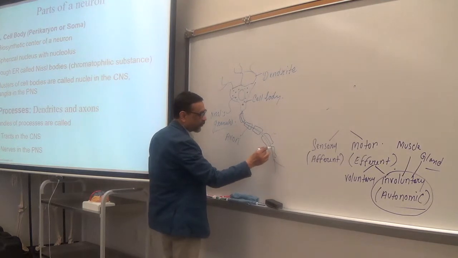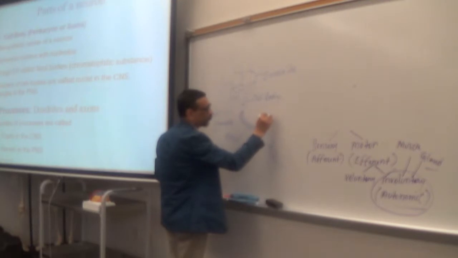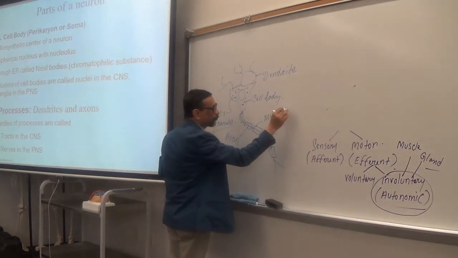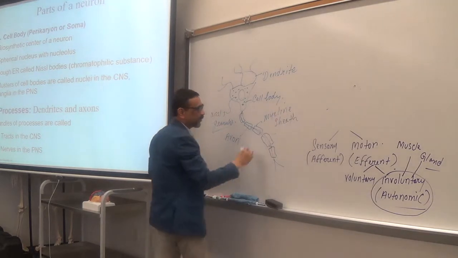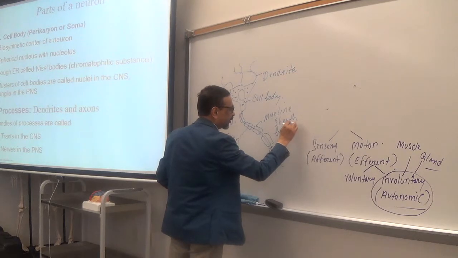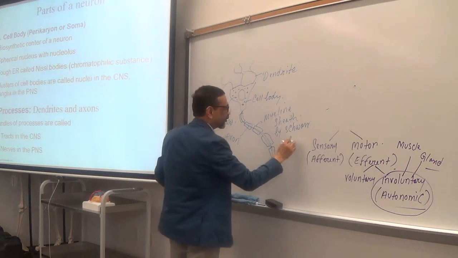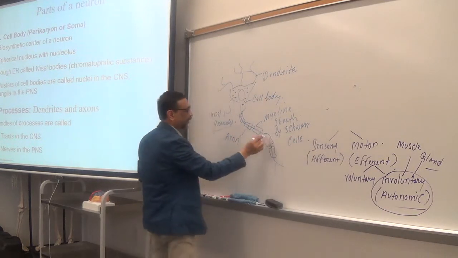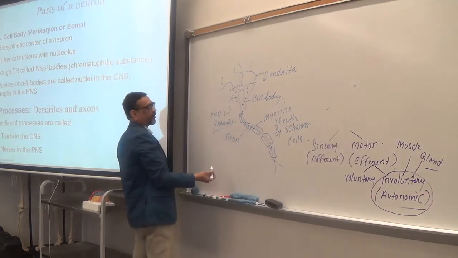Schwann cells form the sheath called the myelin sheath for insulation.